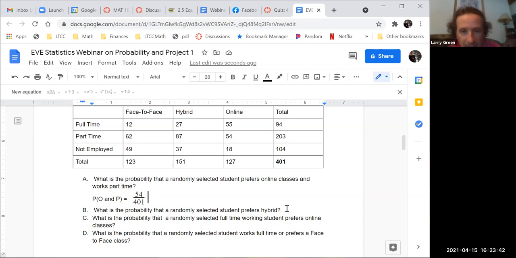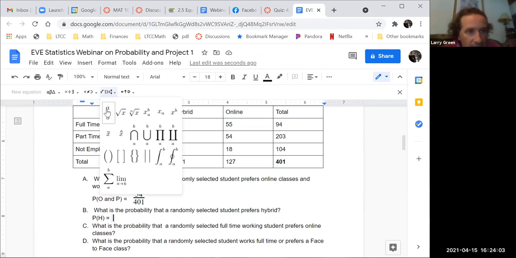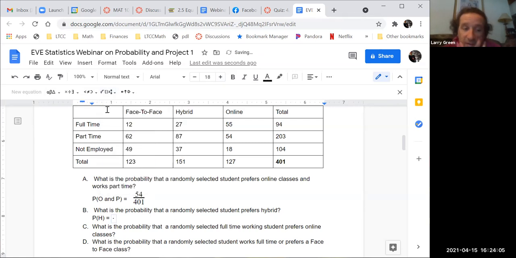Okay, let's do part B. Part B is, what is the probability that a randomly selected student prefers hybrid? So that's going to be the probability. Let's call it H for hybrid. And again, it's going to be a fraction. What's the denominator, by the way?